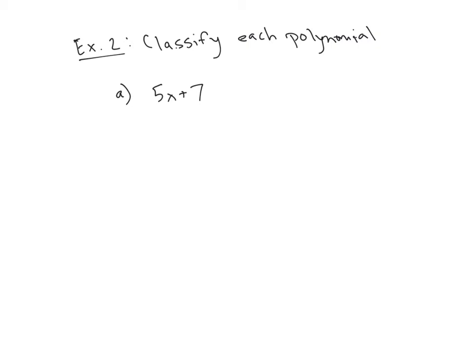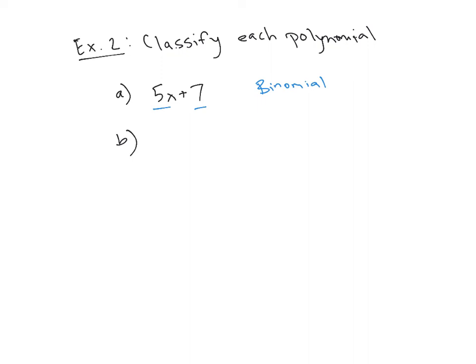All right, we're going to classify each of these polynomials as either a monomial, binomial, or trinomial. That's example 2. So for number 1 here, 5x plus 7. As I'm looking at this, I have 1, 2 terms. So it would be a binomial. This is kind of one of the main things we have to do today.